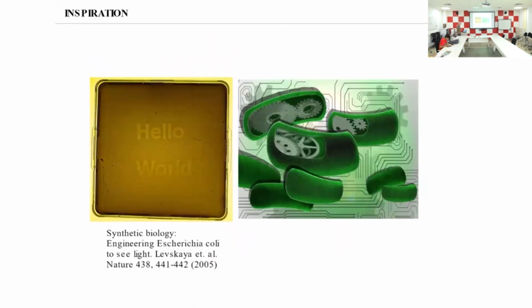So the start of the field was this paper that I discussed in the very first lecture, and it's about making E. coli to be like a kind of photographic film. This "hello world" is one of the typical sentences in computing when something new appears.